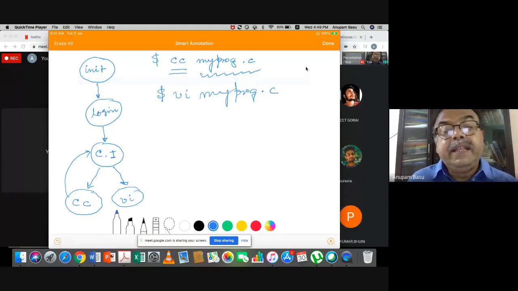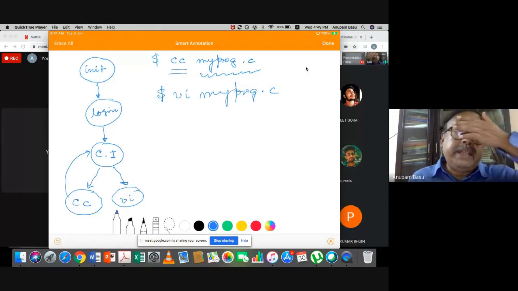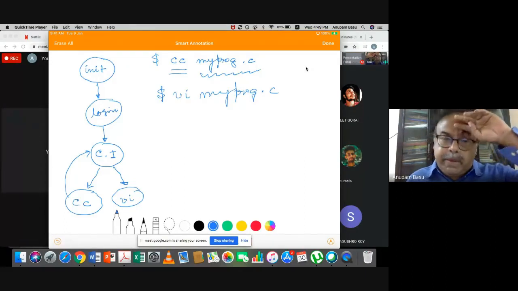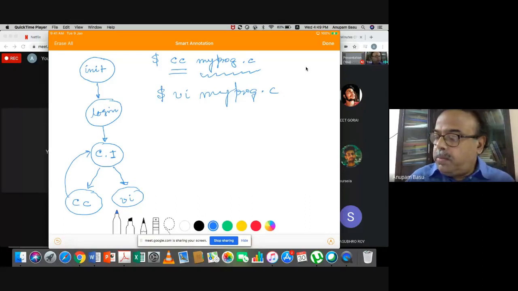Your friend said that the operating system is brought into memory. Maybe the vi was not brought, but when vi is required, then that vi program is brought into the memory. After vi, again I go back to the command interpreter, and it goes on like this.